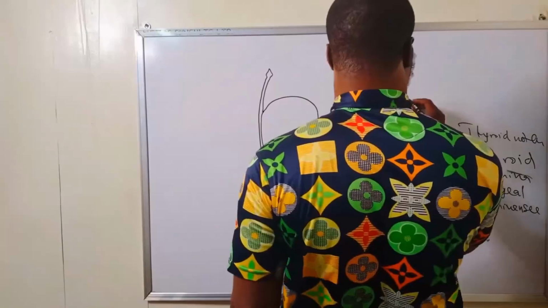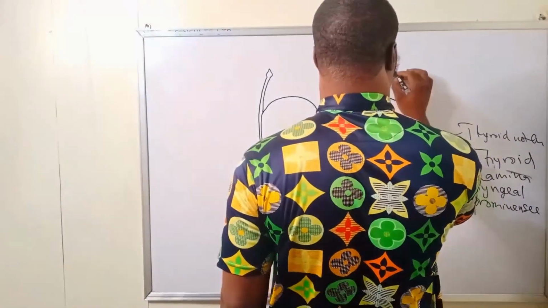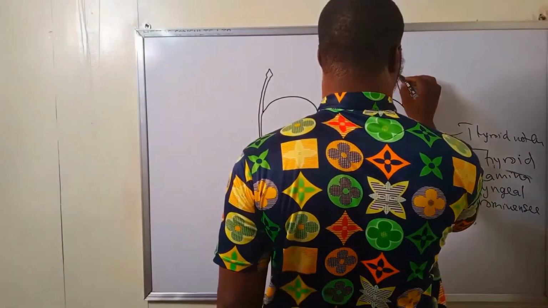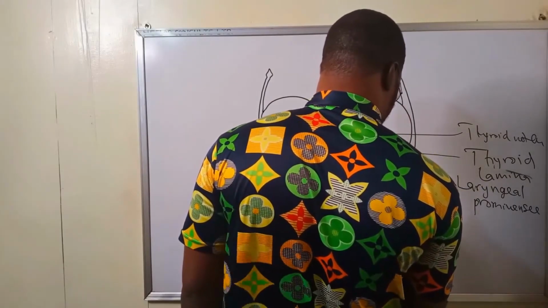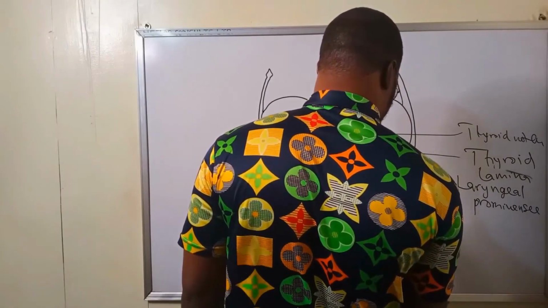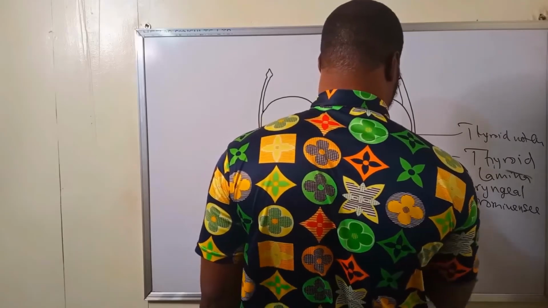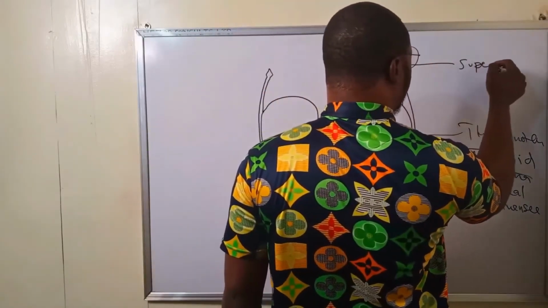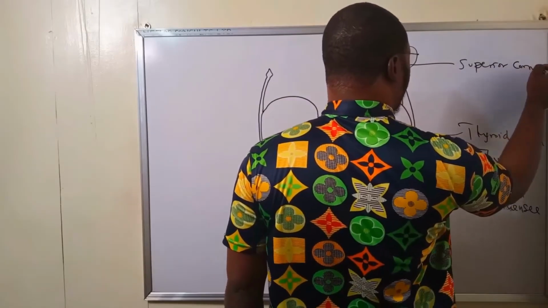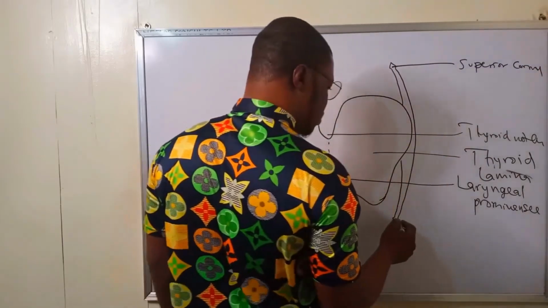So, something right here. Beside these structures, they are called the superior cornu. Superior cornu. And these ones are called the what?